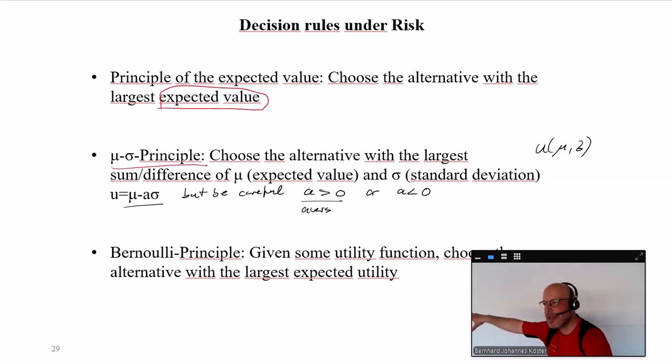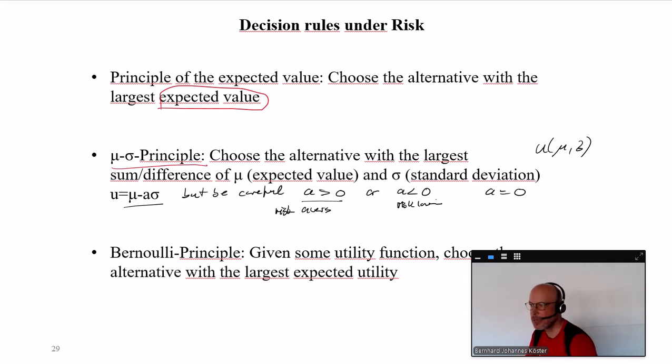Then again, as in these examples with uncertainty, I really seek alternatives with this 140. This I want to have. So this would be then risk loving. And of course, then a is 0. I don't care about the fluctuation. This would be again risk neutral.